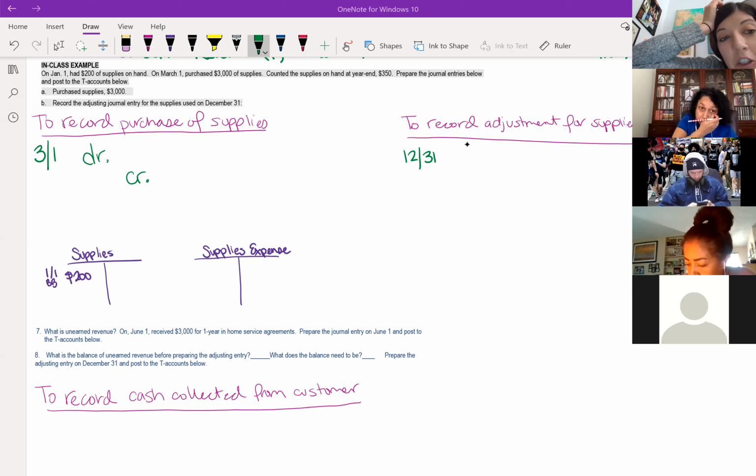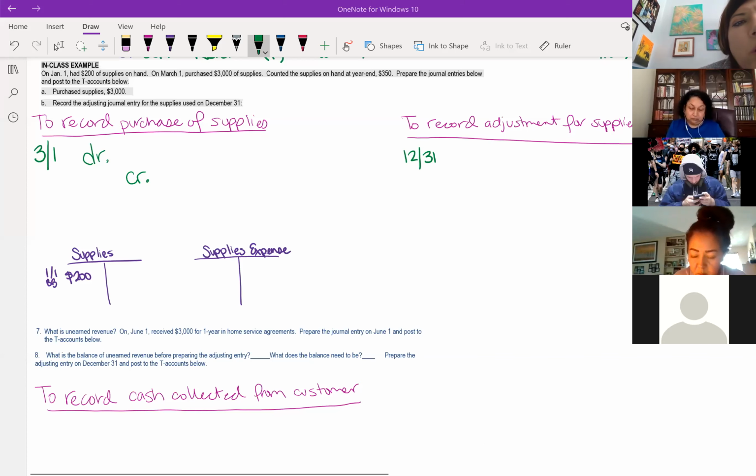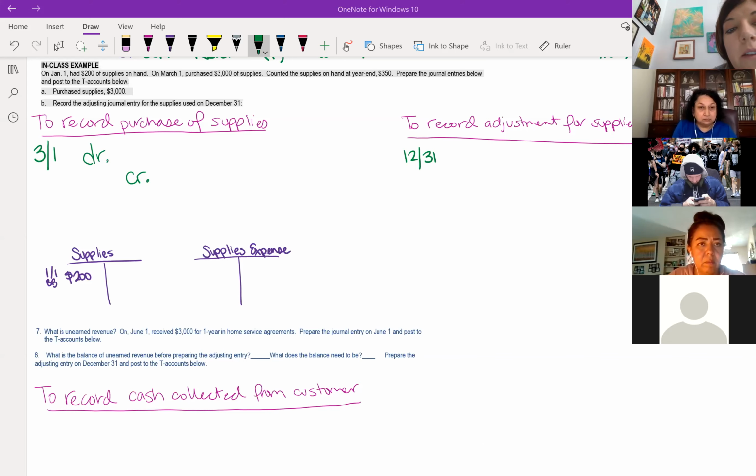For the first entry, I'm going to go through it just so we have it as a reference. No worries. So on January 1st, they had a balance of $200 of supplies, which is the beginning balance for the year. On March 1st, they purchased $3,000 of supplies.